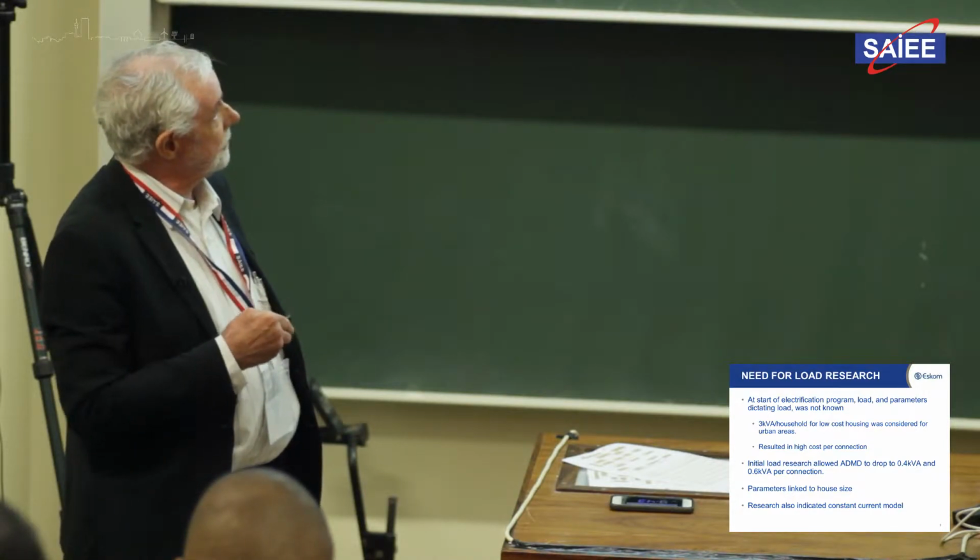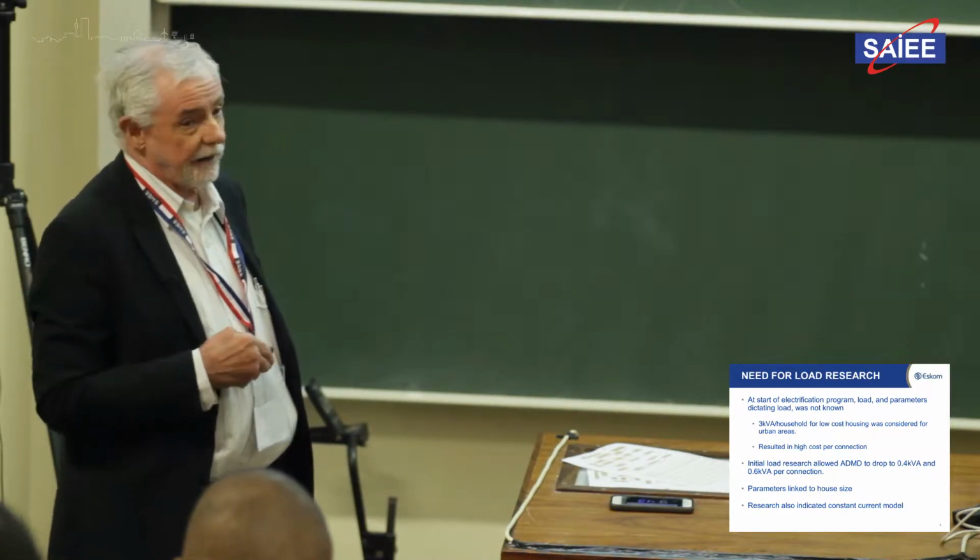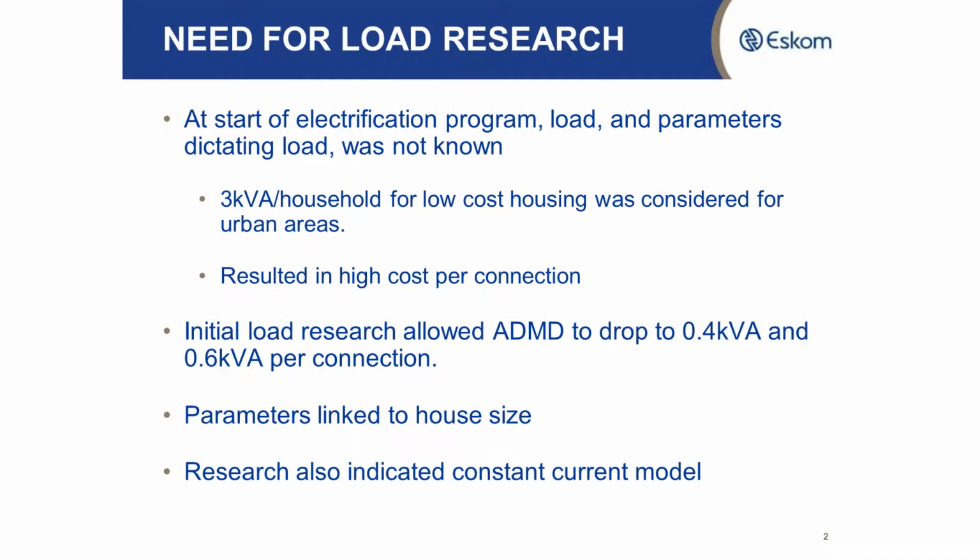So our initial load research allowed our ADMD to drop right down from 3 kVA, in some cases to around 0.4 kVA at startup. We were designing with 0.4 kVA and 0.6 kVA on average in a lot of the deep rural areas. That allowed you to go fairly long. Some consultants were designing 900-meter diameter transformer zones.